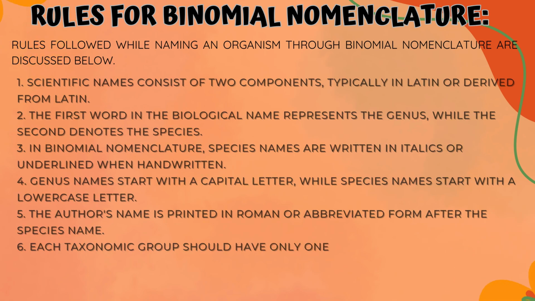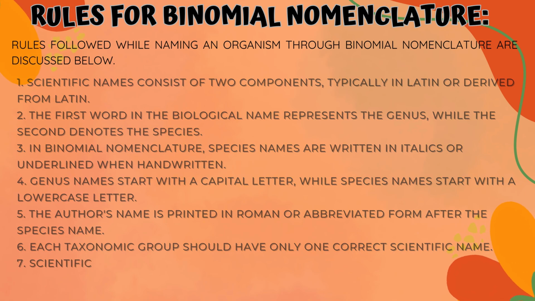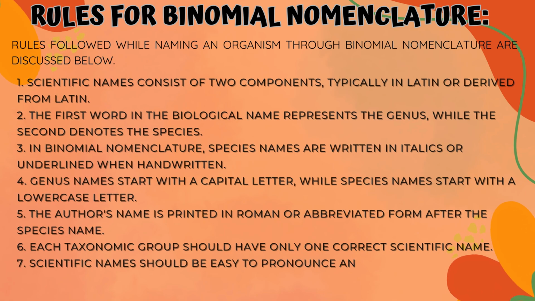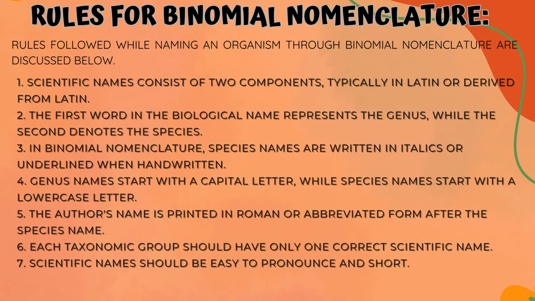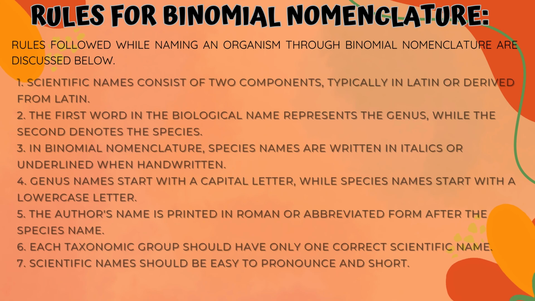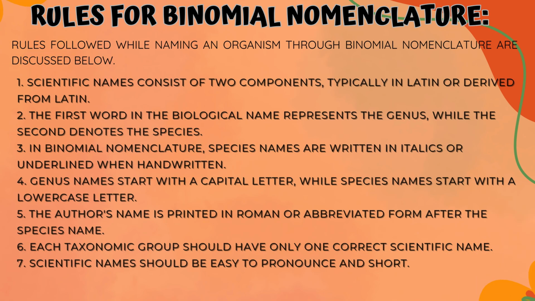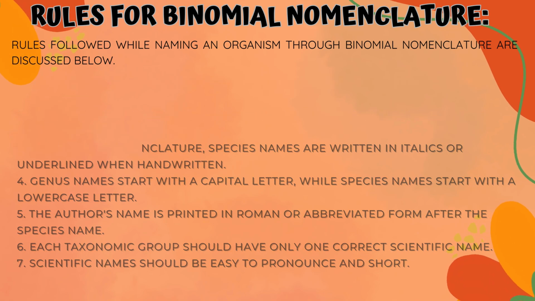The generic name must start with a capital letter, while the specific name should start with a small letter. The name of the author is printed in Roman or an abbreviated form at the end after the species name. Only one correct name must be assigned to each taxonomic group. The scientific name selected should be easy to pronounce and short.